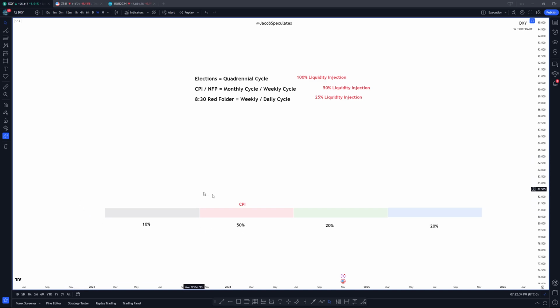Now, let's say CPI were to fall on a Wednesday, and then Monday and Tuesday were to have an SMT, and CPI continues that SMT. It'll be kind of consolidative, choppy, but it still makes that SMT.